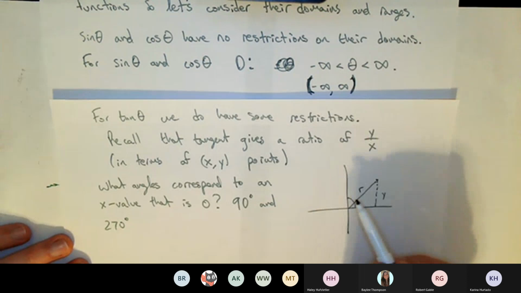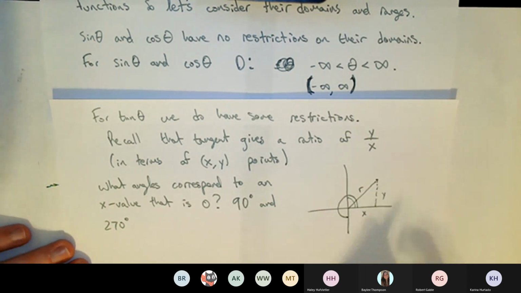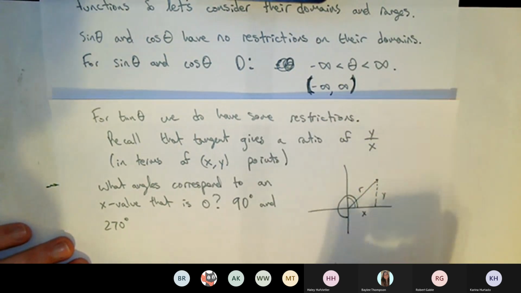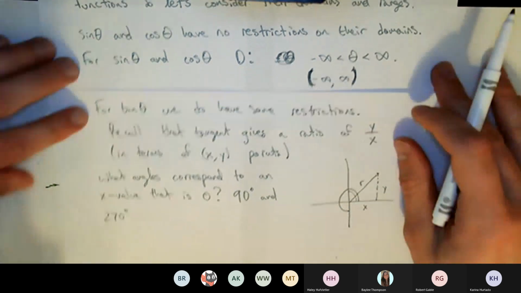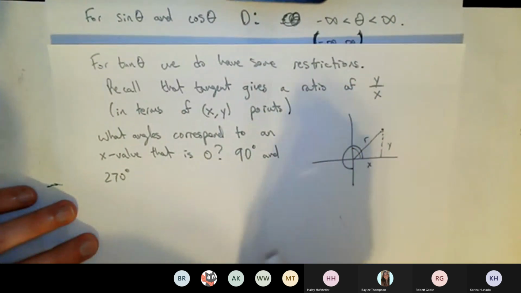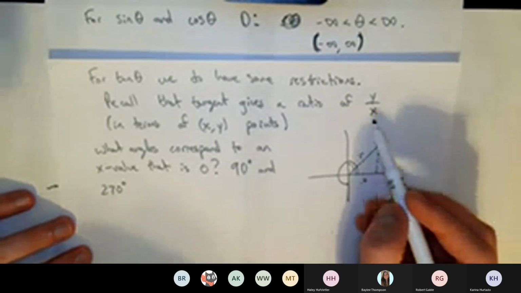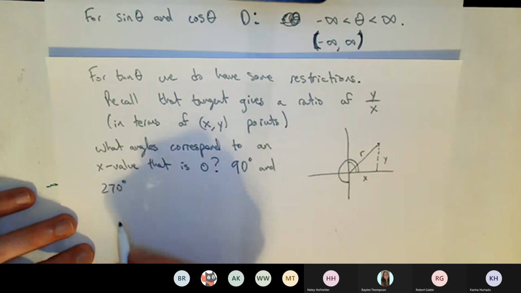And in fact, any other angle that wraps all the way around, if it lands on the y-axis, then that's bad. That means x is 0. That means tangent will be undefined at that angle. Okay, so tangent is undefined at angles where x ends up being 0, because it gives us division by 0.